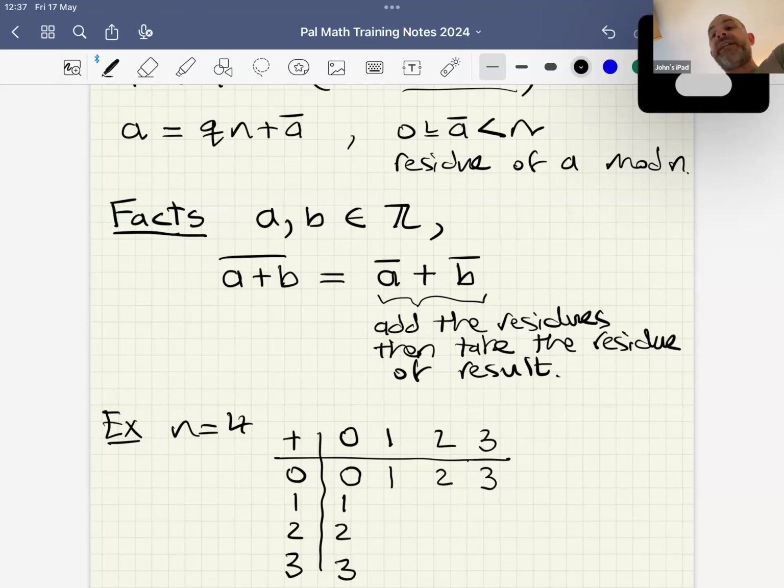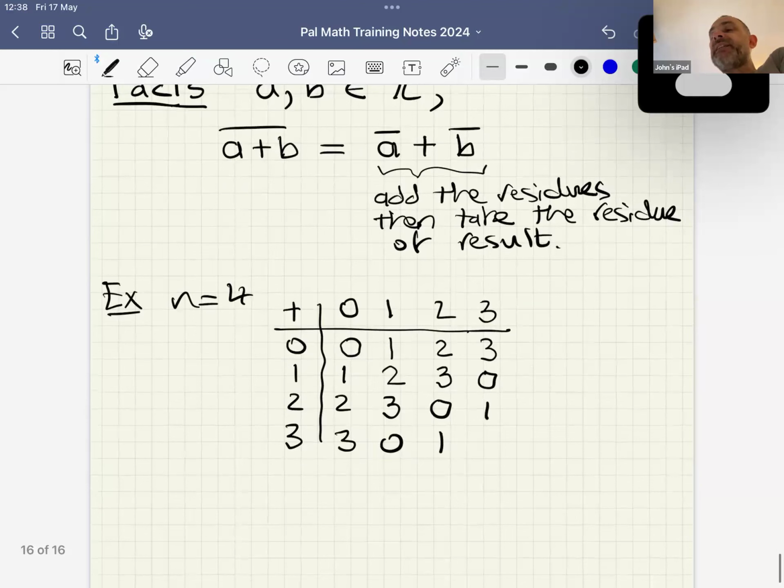And then you can add up the residues. 1 plus 1 is 2. 1 plus 2 is 3. Now, 1 plus 3 is 4, but the residue of 4 is 0. And 2 plus 2 is 4, and that residue is 0. 2 plus 3 is 5, but the residue of 5 is 1. And then 3 plus 3 is 6.